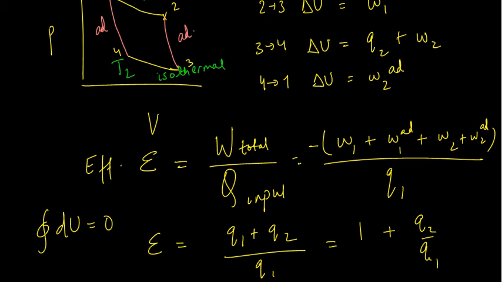You have to lose some heat in the engine. So Q2 can't be 0, and this quantity is always less than 100%.